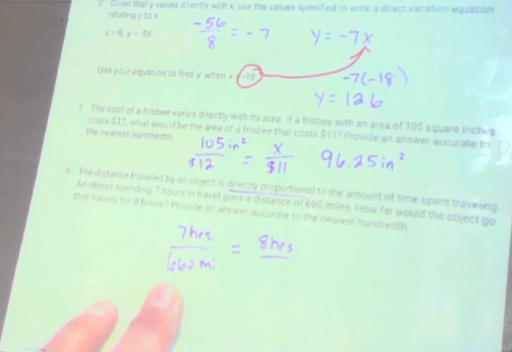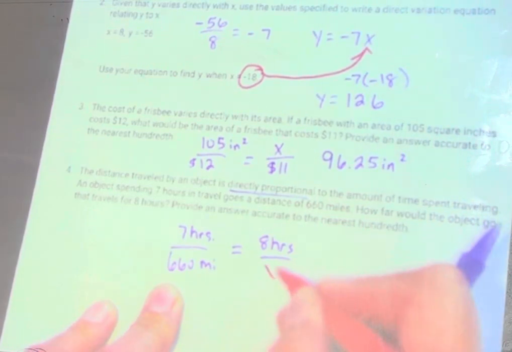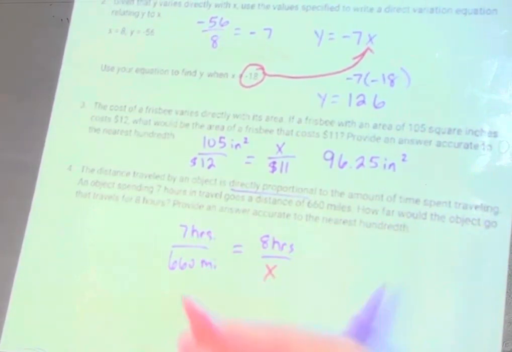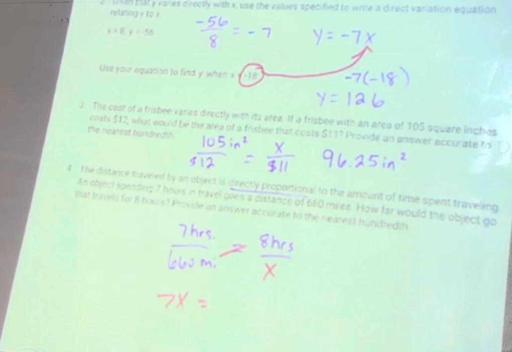So algebraically, what does it look like? You would do 7 times x is 7x. 660, so you cross multiply, 660 times 8. 5280, now what?